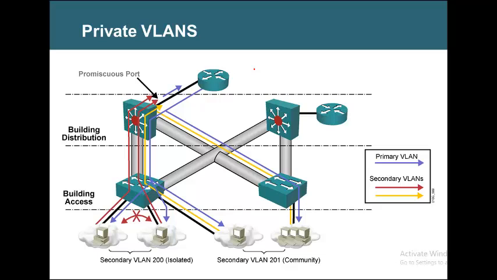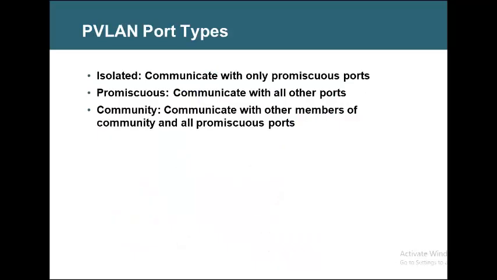So we need to understand there are 3 private VLAN modes: promiscuous, isolated mode, community mode. Or you can also call it 4 types in private VLAN: isolated, promiscuous, community.